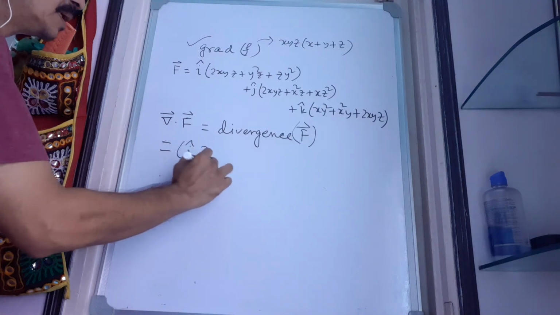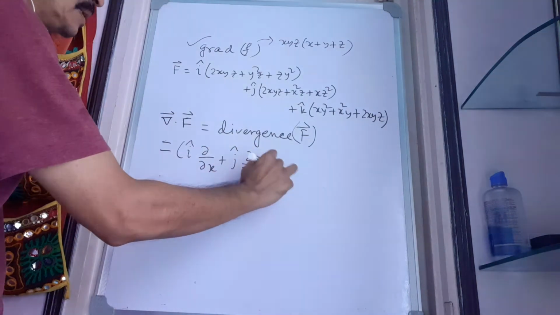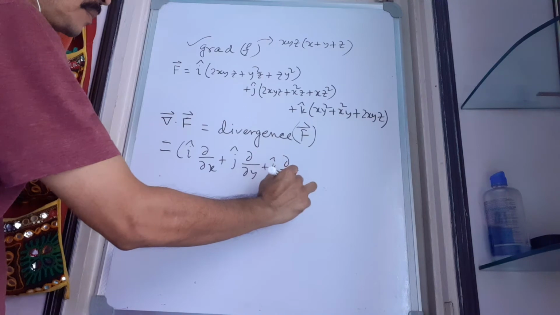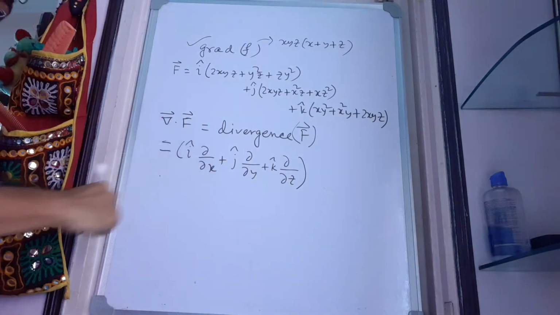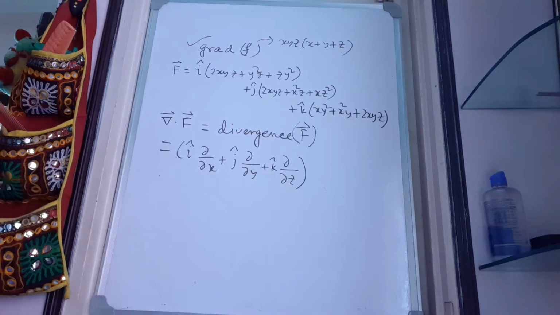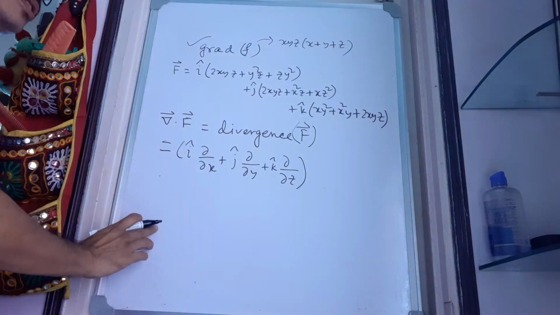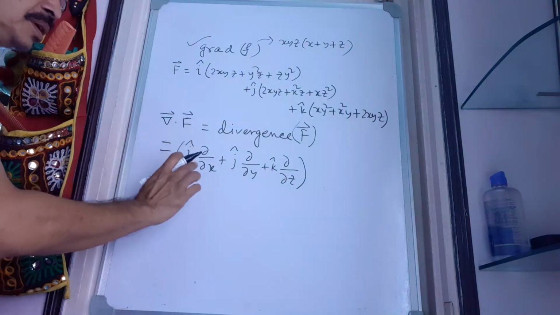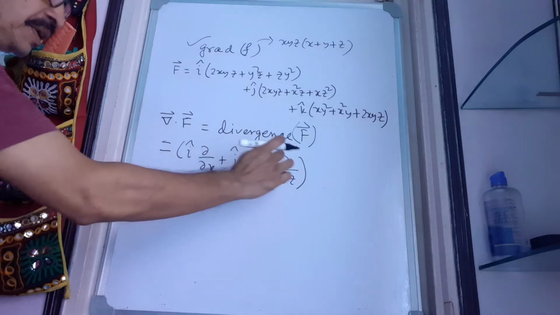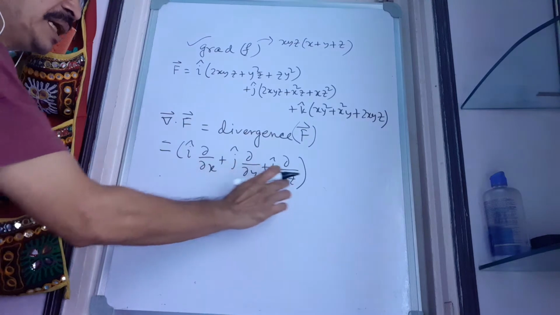it is quite easy to find the result as we replace the del operator by i cap del/del x, j cap del/del y and k cap del/del z, which is the del operator defined to be the rate of growth of a function f, that is del/del x, del/del y and del/del z.